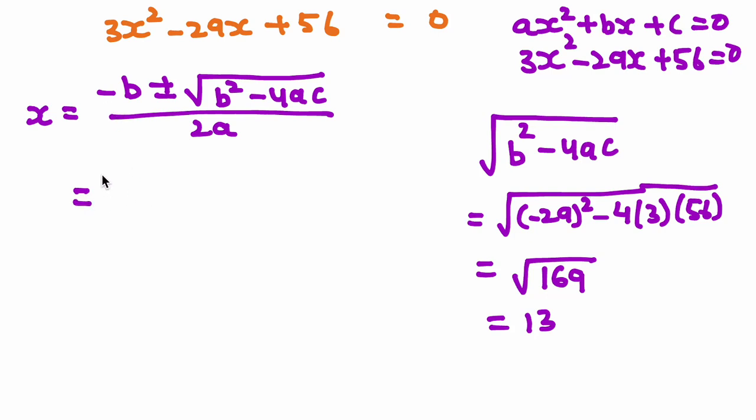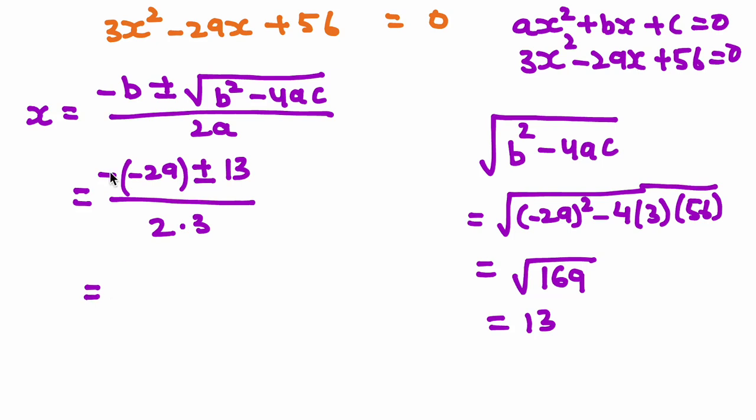So negative of negative 29 plus or minus, now I know it's 13, 13 over 2 times 3. But if you are very comfortable with long steps, you can do it directly; that is totally your wish.